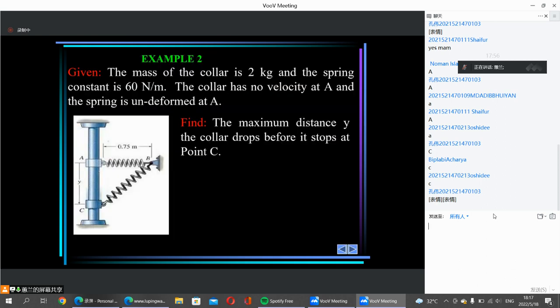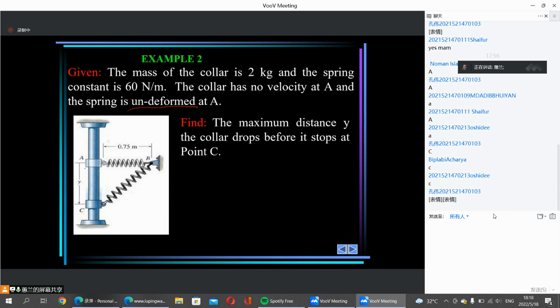So here is one more example. The mass of the collar is 2 kg and the spring constant is 60 N/m. The collar has no velocity at A and the spring is undeformed at A. You need to find the maximum distance y the collar drops before it stops at point C. What does it mean?